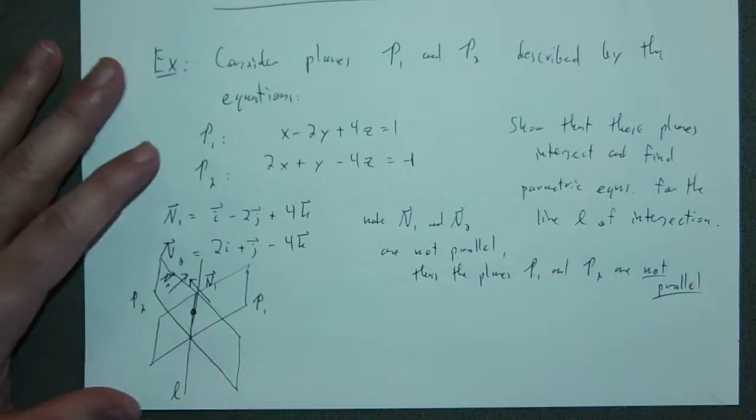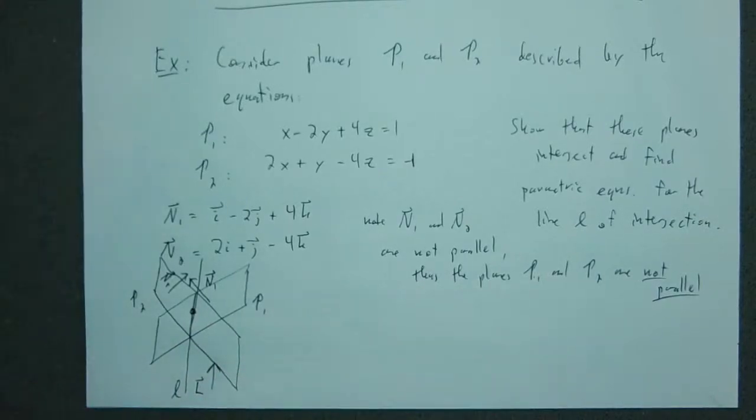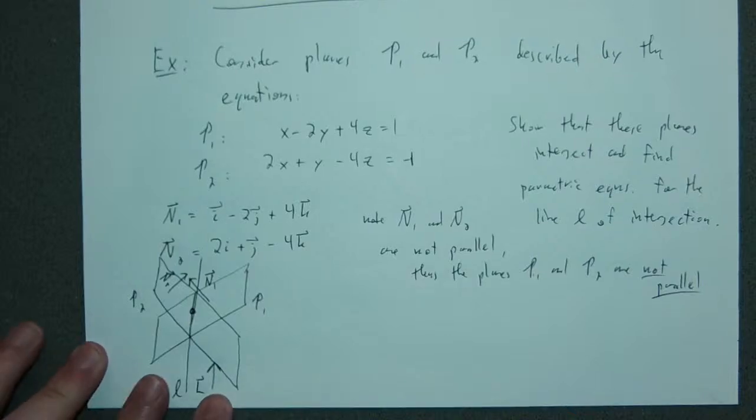How do I find my vector L? Any vector that is parallel to this line will work. What's going to work here? What's going on is I'm seeking a vector that is parallel to this line. How do I get it?